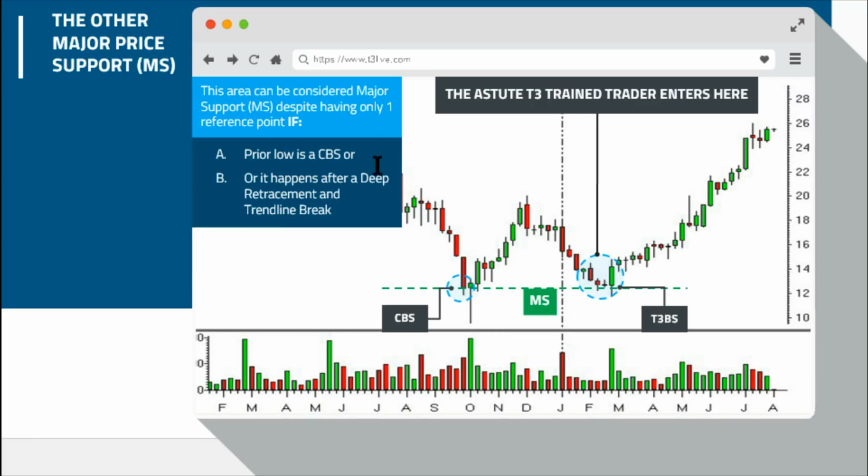Again, 1 reference point is enough if the prior low was an area where the stock went climactic. A climactic buy setup formed in that area, then 1 pivot would be enough. Or 1 prior reference point is enough if the rally that was produced was so significant that it actually broke the trend line.